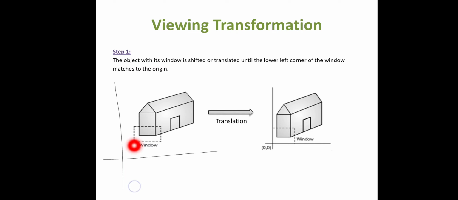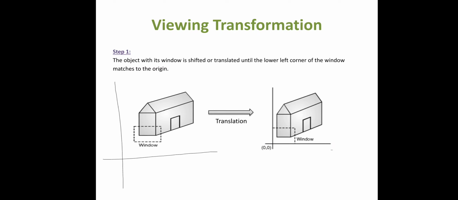We are going to shift or translate this window towards the origin until its lower left corner matches this origin. So you can see this in translation. We have translated this window towards this origin. So now this is the lower left corner of this window, as well as the origin of this coordinate system. So this is called a translation.